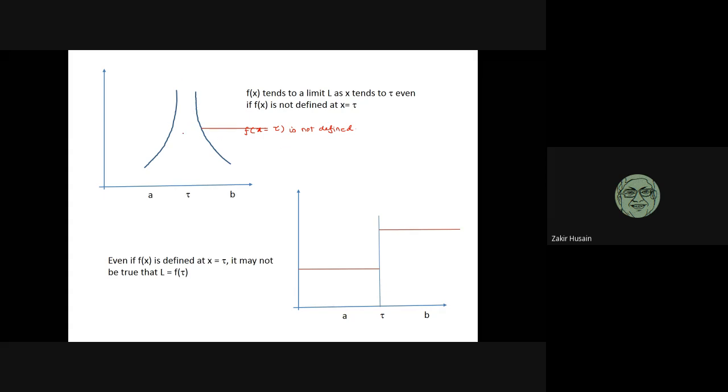Is this clear or is it evident? But in this case, we can see that f tau is defined. However, what is the value of f tau?